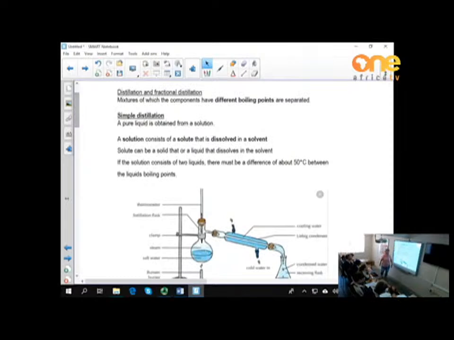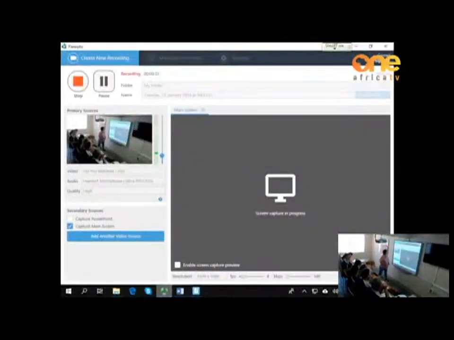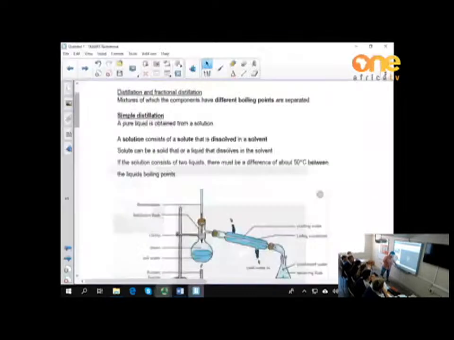Distillation and fractional distillation. We use distillation or fractional distillation to separate substances that have different boiling points.